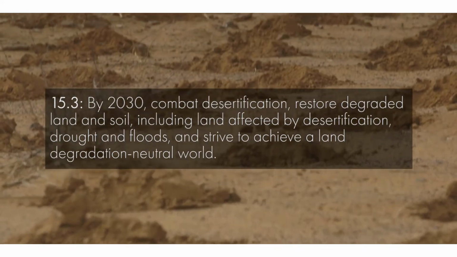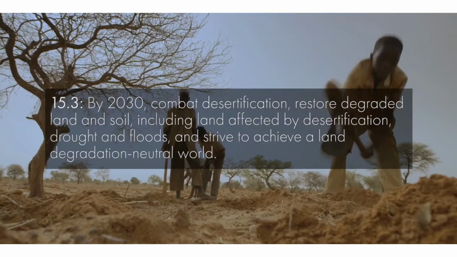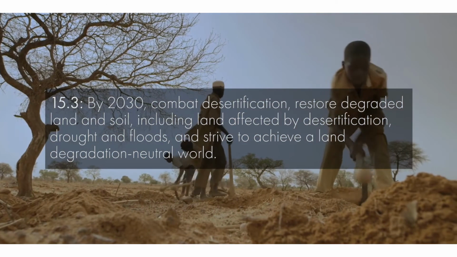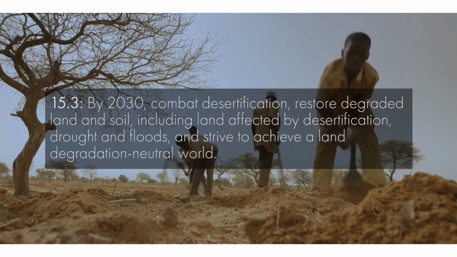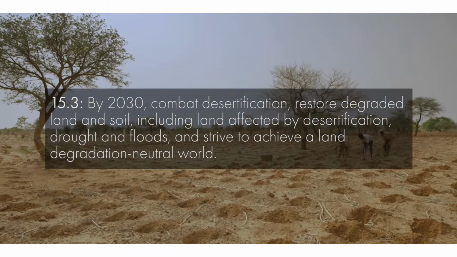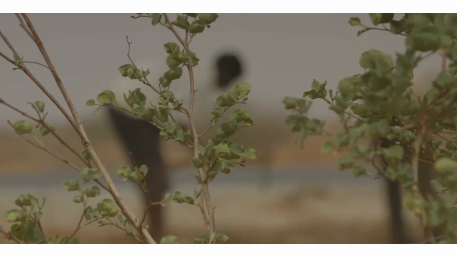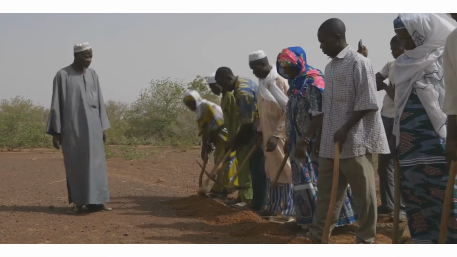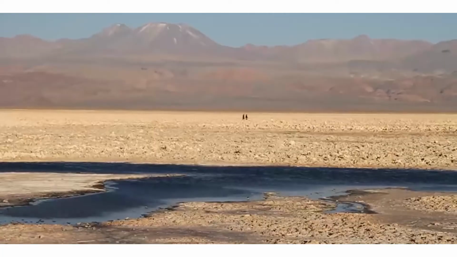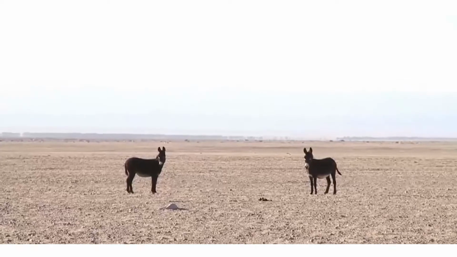ecosystems. Number 3 is a focus on the desertification and restoration of land and soil. It's the challenge of combating desertification, which is a major issue in specifically some parts of the world, like in Africa around the Sahara Desert, in the dry lands of Latin America.